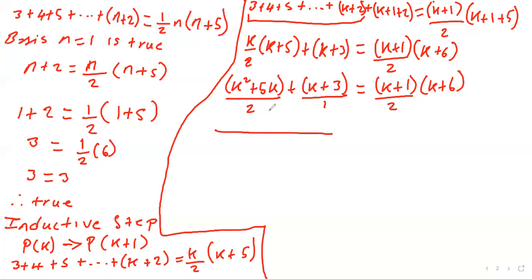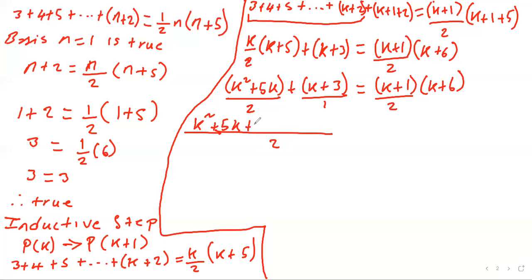Since this denominator is 2 and this one is 1, I'm going to use 2 for my LCM. 2 into 2 goes 1, so I'm going to use that 1 to multiply everything up top. So it's going to leave us with k squared + 5k. Plus 2 into 1 is 2, so we have 2 times (k + 3). 1 times k squared is k squared, 1 times 5k is 5k.